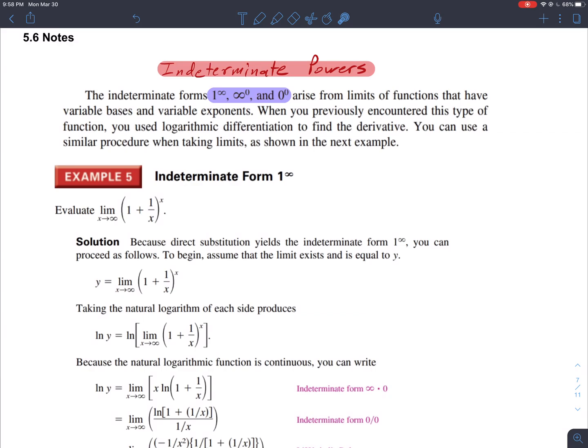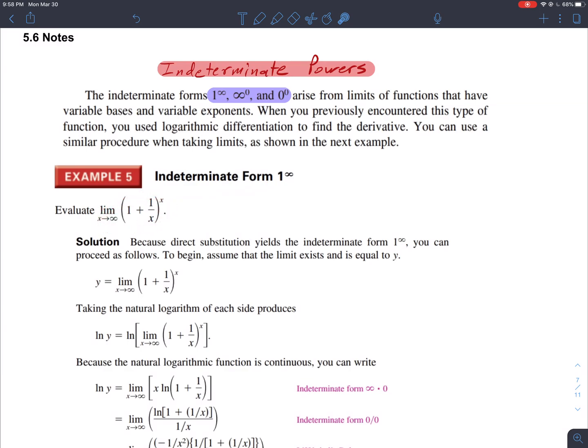And we do get those when we take some limits sometimes, and this first example shows us one. So these arise from functions that have variable bases and variable exponents. And we encountered this one already, all right?